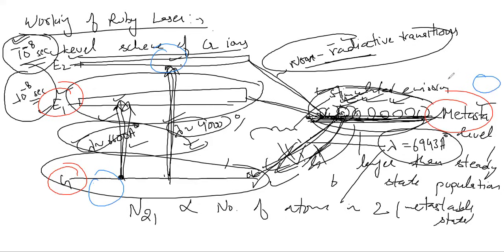So 3 states are involved in this laser. That is why ruby laser is also called as a 3-level laser. The next laser that we are going to talk about, helium neon laser, this is a 4-level laser. And in the end, if I don't explain why it is a 4-level laser, just remind me to do so.